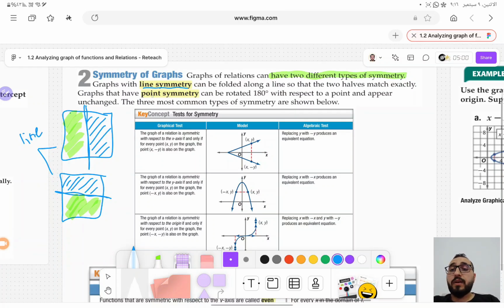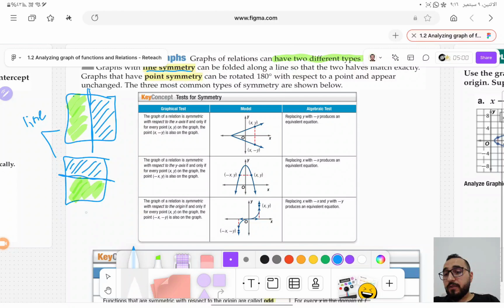Now the second one, point symmetry. Point symmetry means the graph can be rotated 180 degrees with respect to a point and appear unchanged. If you look at the graph, let's say this point here is, for example, 1 and 2. So the coordinate for this point is 1 and 2.